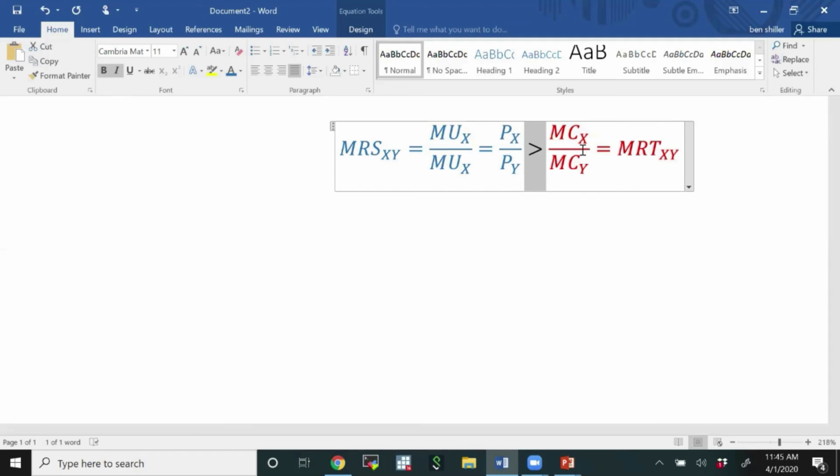If the market for good X is a monopoly market, then the firm in that market will charge a price greater than marginal cost. And hence, in that case, the ratio of prices will be greater than the ratio of marginal costs. Hence, the marginal rate of substitution that consumers have will be different than the marginal rate of transformation. And in that case, the market will not lead to output efficiency.